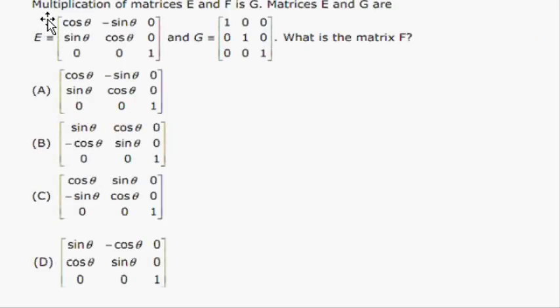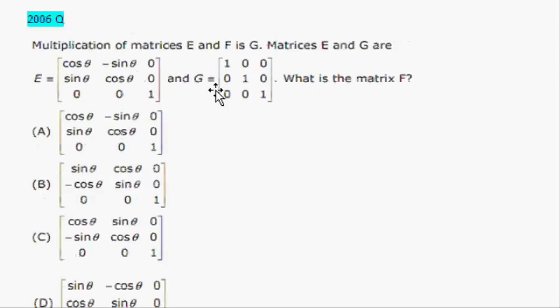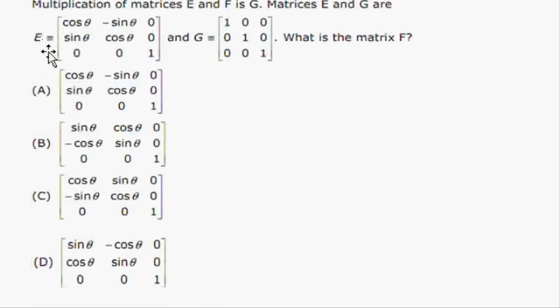This is another question of 2006. The multiplication of matrix E and F is G. E and F is equal to G, meaning the result should be this. So multiply each item. You will check whether G is correct. Make the first row vertical. The first is cos, second is minus sin, and 0.